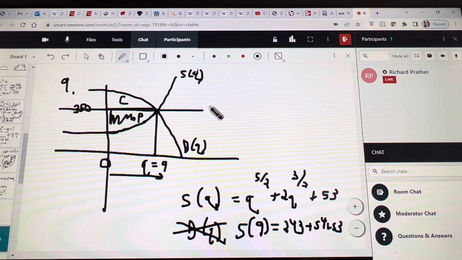We're looking for the producer's surplus in this problem. It's going to be the integral from 0 to 9. And then you do the top curve, which is a horizontal line, minus the bottom curve. And I have to subtract all three of these, so they're going to all turn negative.